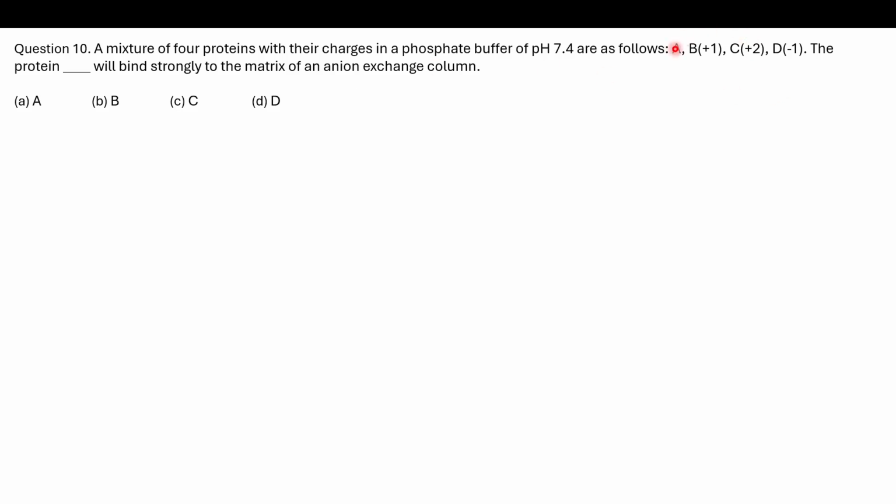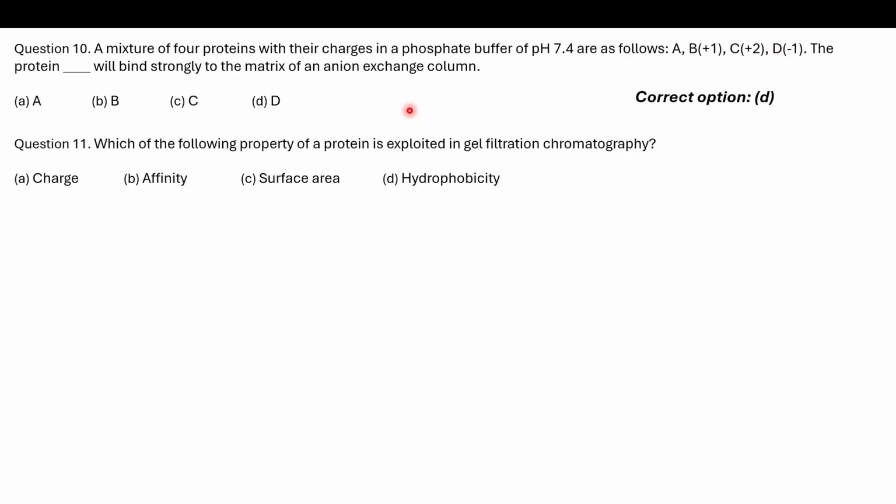So out of all these charged entities, the one with the highest negative charge will bind to the positively charged matrix. The molecule that interacts with it will be negatively charged. So the correct option will be option D.